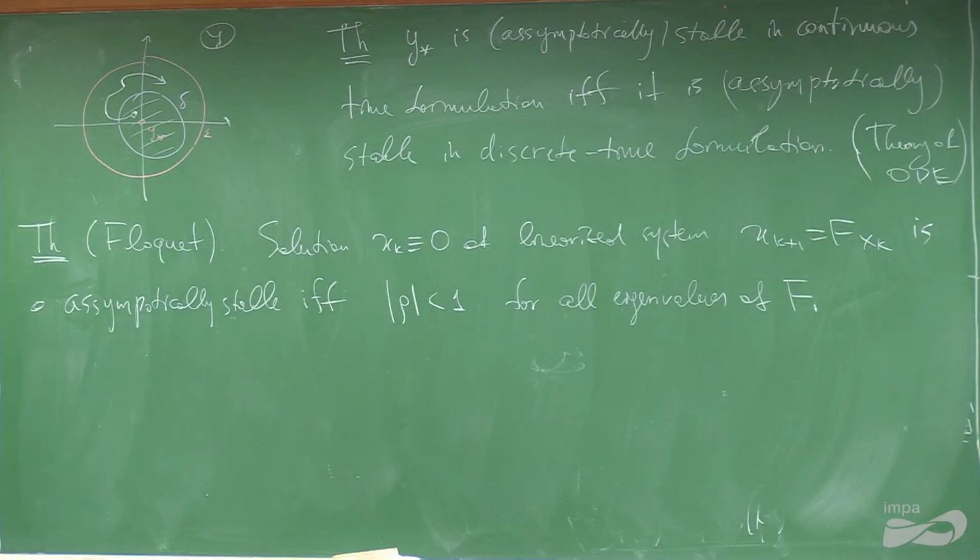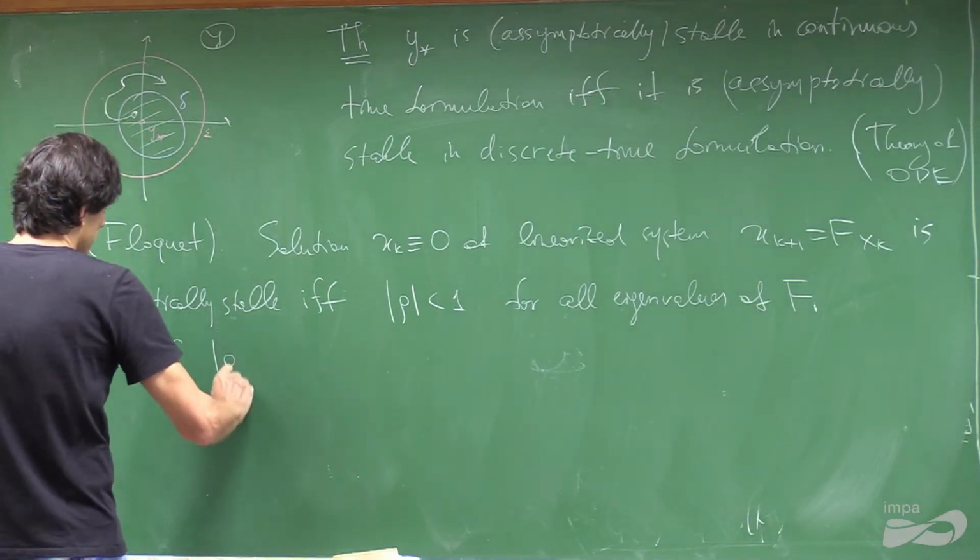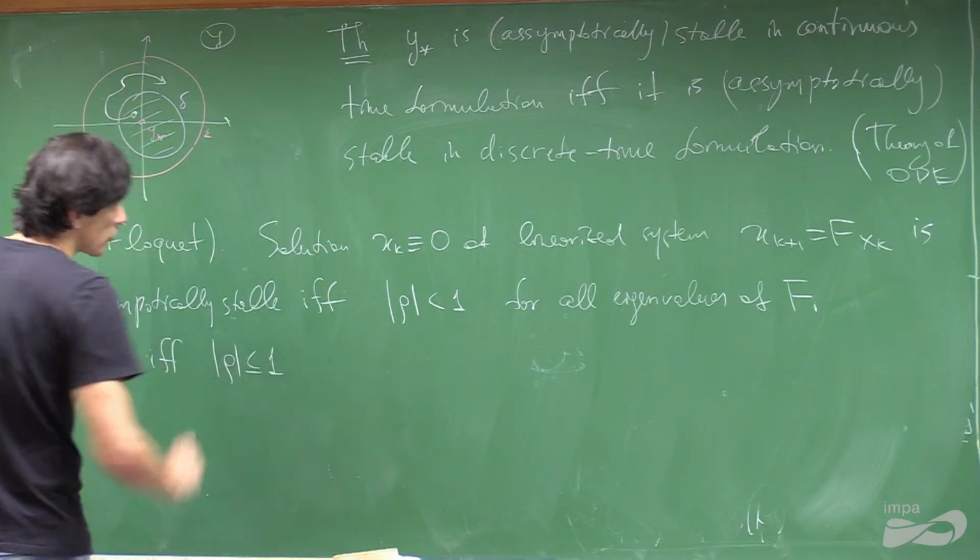This is the simplest condition. And it is just stable if and only if absolute values are smaller than or equal to 1.